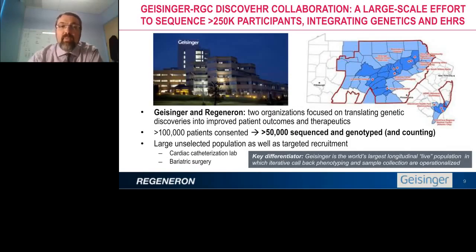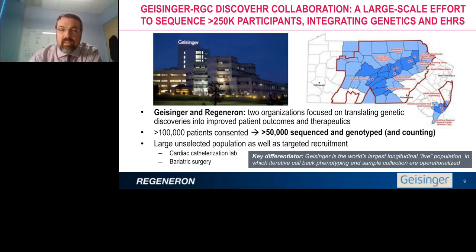So if you're not familiar with Geisinger, this is a picture of the main hospital. On the right, you see a map of Pennsylvania. This is, I believe, quite old. They've actually expanded since this slide was generated. But the point is, geographically, they are primarily in the central Pennsylvania area, although extending out into outlying areas.